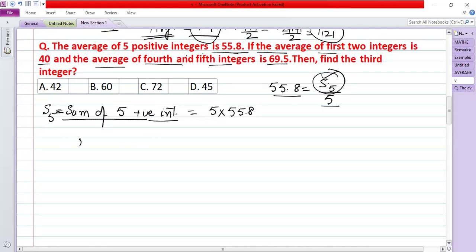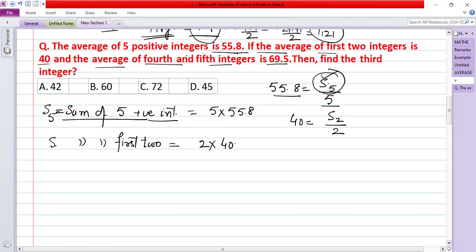Then the sum of the first two integers will, in the same way, be 2 into 40, because the average of the first two integers is 40. This 40 is the sum of the first two divided by 2.